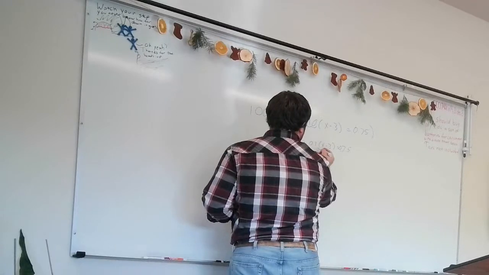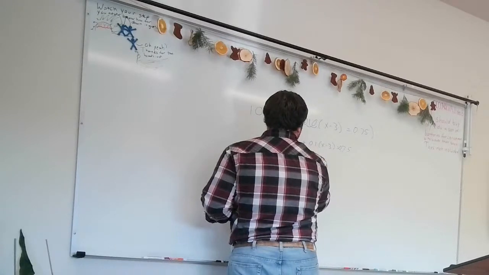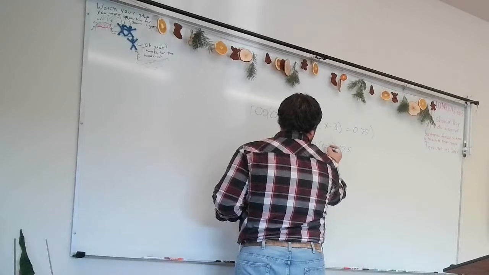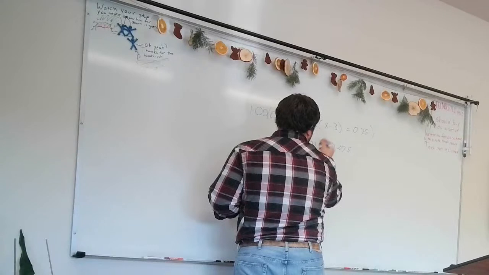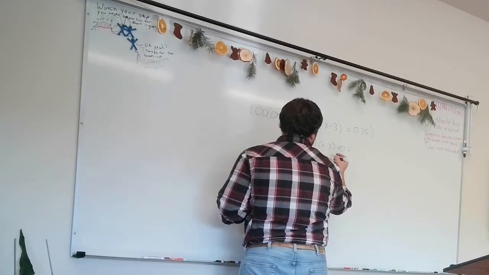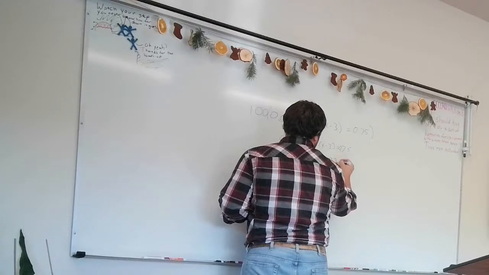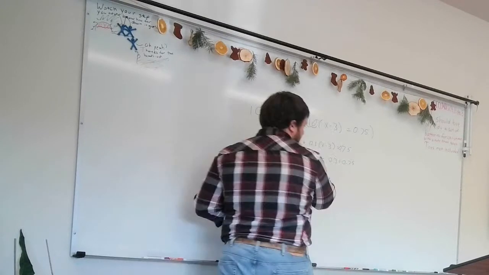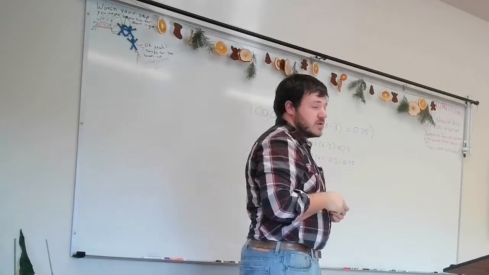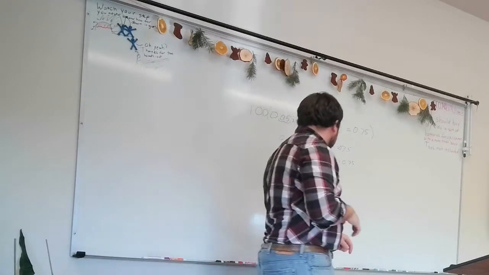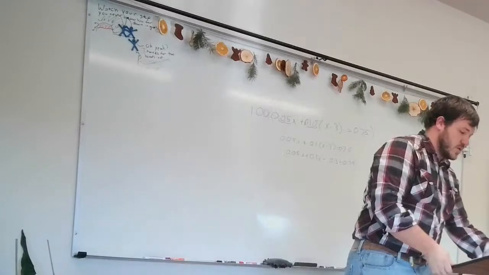You can go 0.05x plus 0.1x minus, and then you go 3 times 0.1, which is going to be 0.3, equals 0.75. You can just run it like that. That's no big deal. And it might actually be easier in some ways.